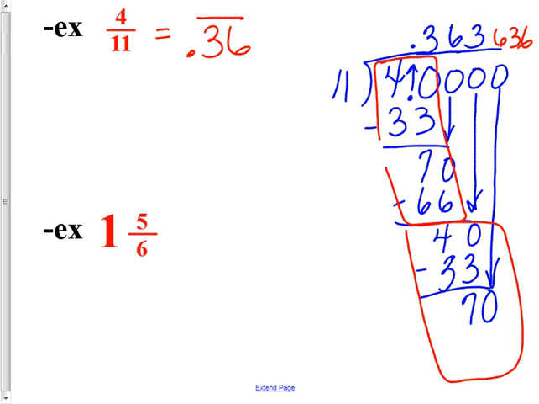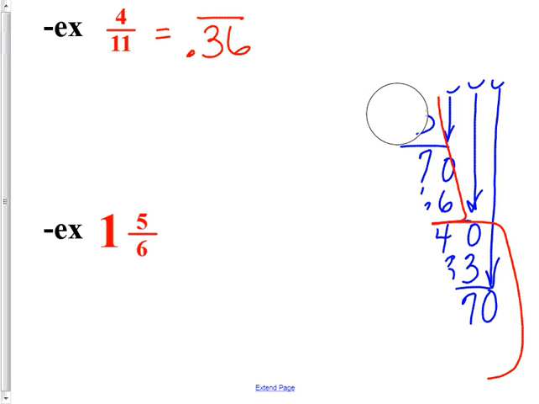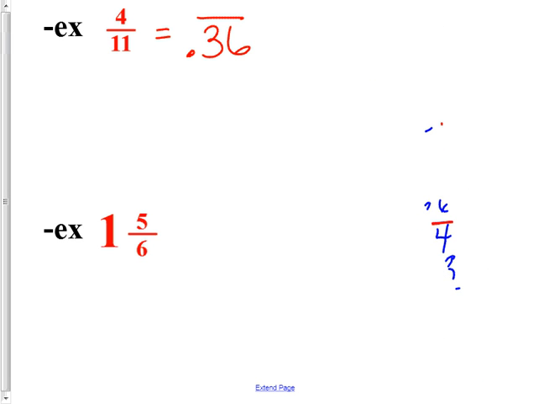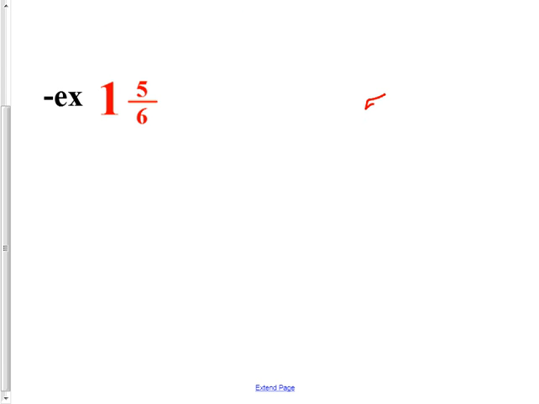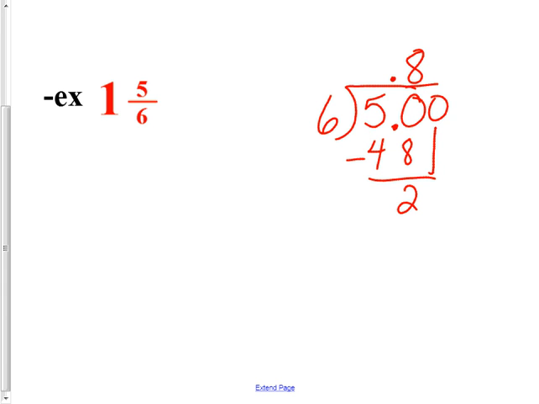All right, let's look at one more. So our last one, 1 5/6. If we work that one out, 5 divided by 6, we're going to start to see that we're going to get a pattern.